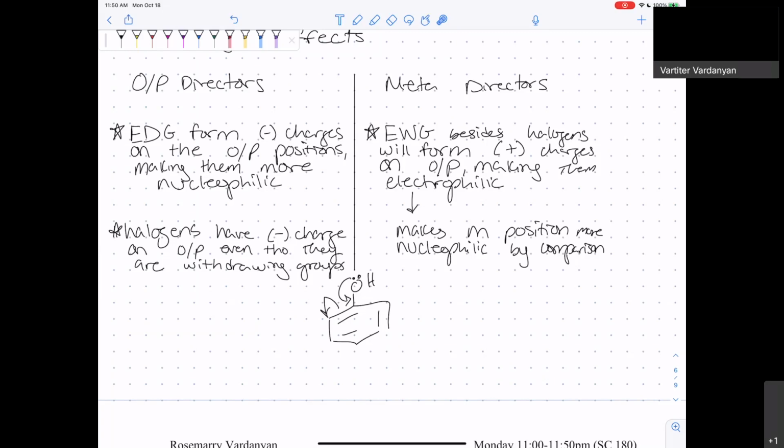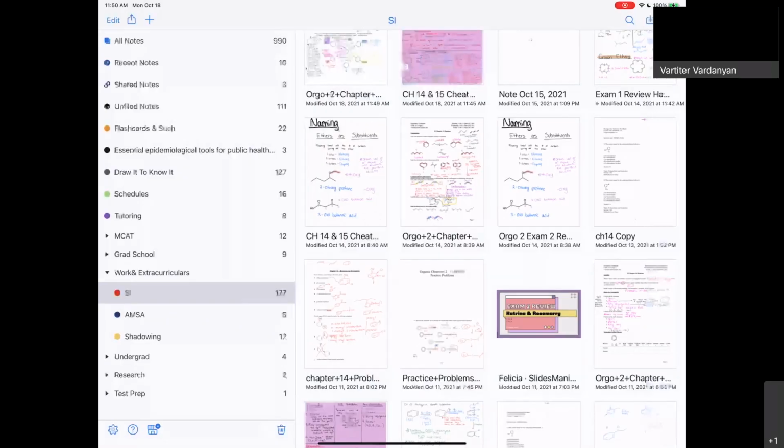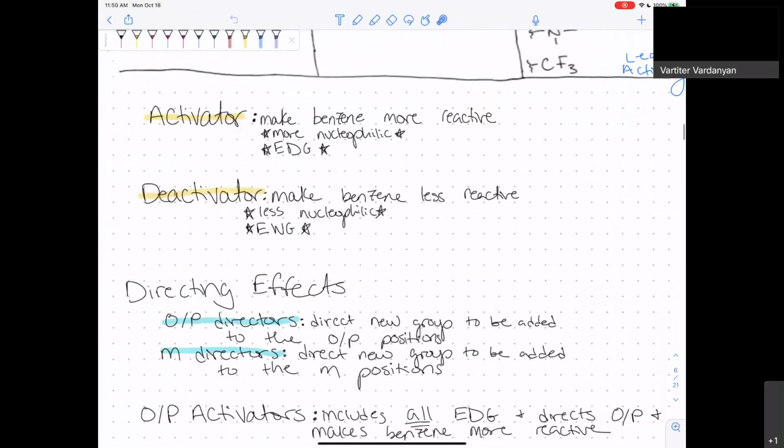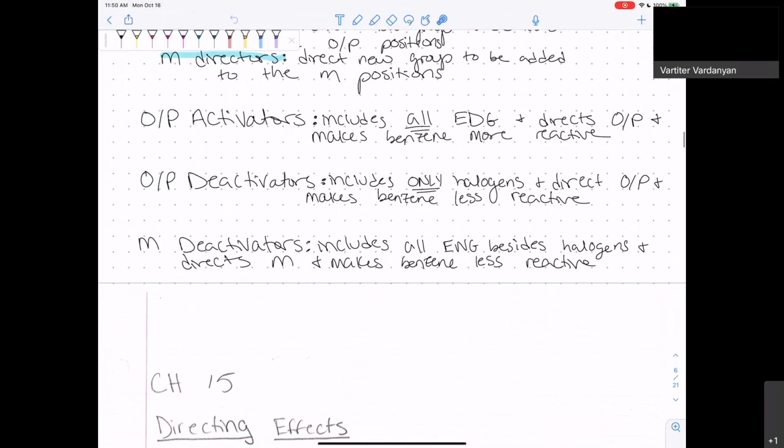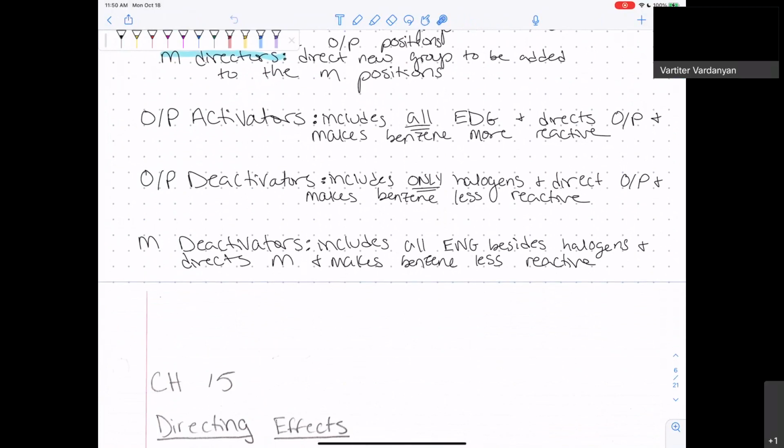Okay, cool. So ortho/para activators include all the electron donating groups and they direct ortho/para. They make benzene rings more reactive overall. Ortho/para deactivators, these are only halogens.